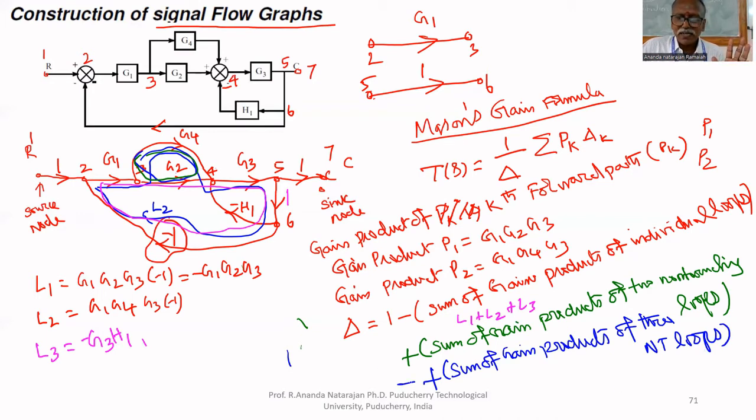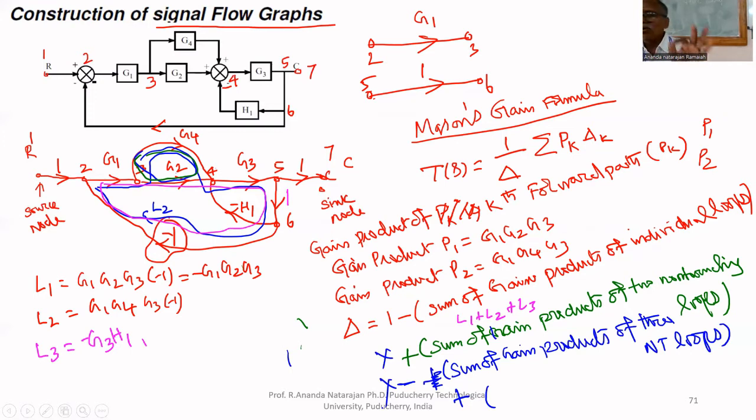Here minus sign. Plus sum of gain products of 4 non-touching loops, up to infinity. There is no 2 non-touching loops. How will there be 3 non-touching loops? 4 won't be there. That's all. Therefore, this term is not there. This is also not there.